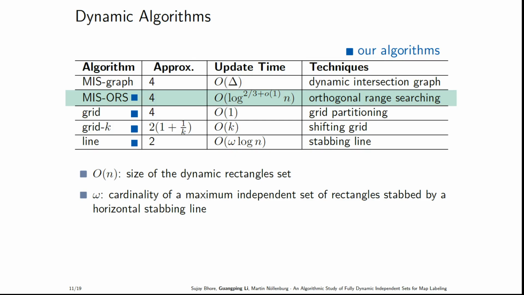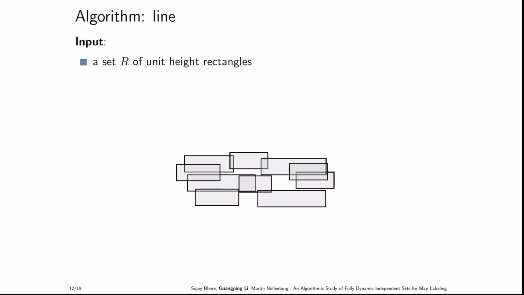Then we will see a 2 approximation algorithm for dynamic maximum independent set. And this approach applies to rectangles of unit height and arbitrary width.